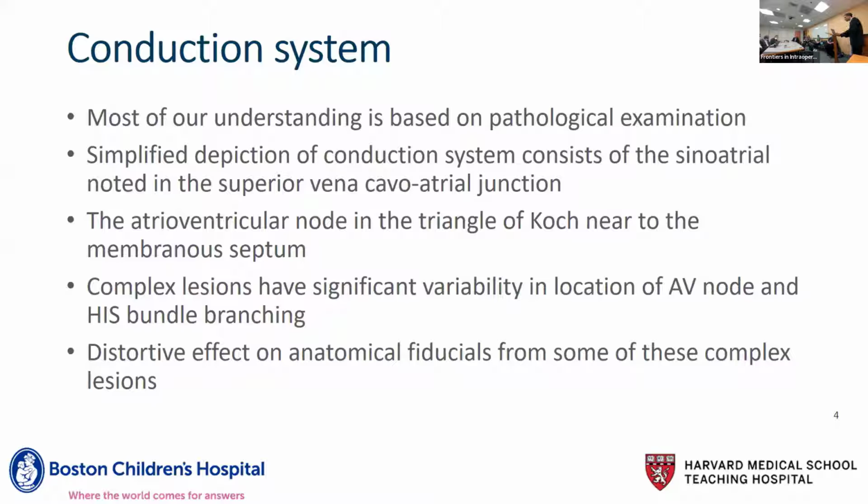Obviously, complex lesions have significant variability in the location of the AV node, and most importantly, the length of the His bundle and where they bifurcate into the right and left bundles. And as we know, intraoperatively, there's distortive effects of these complex cardiac lesions on the various anatomic fiducials that we rely on.